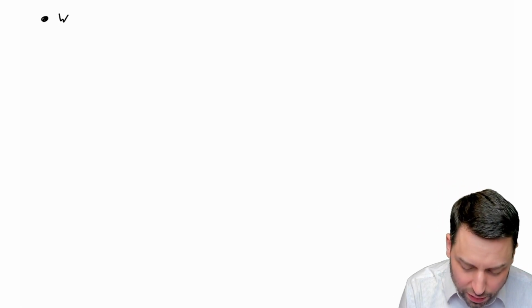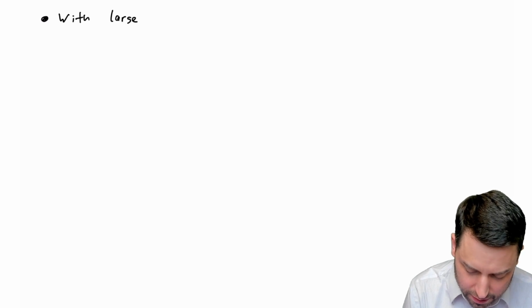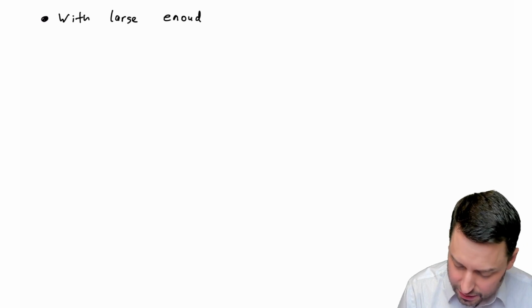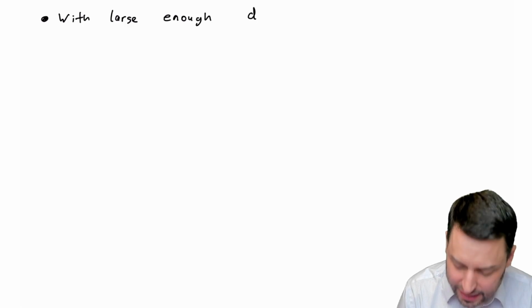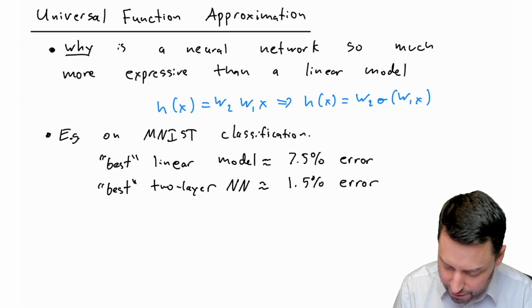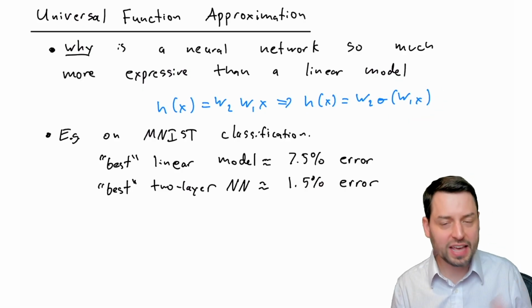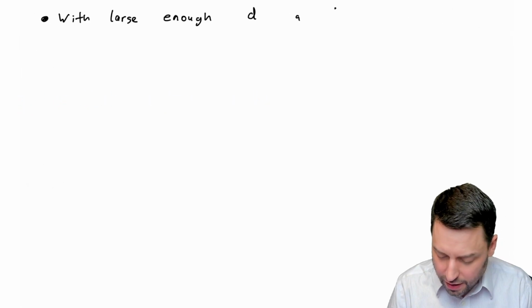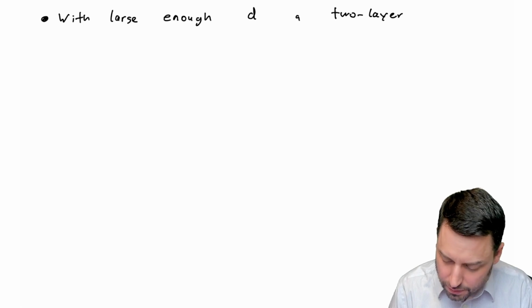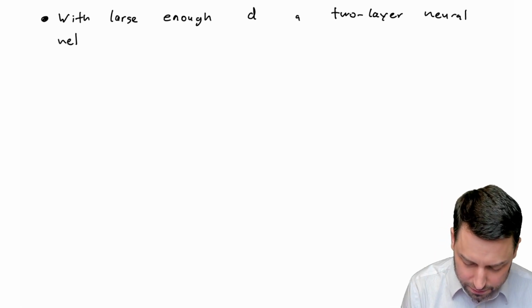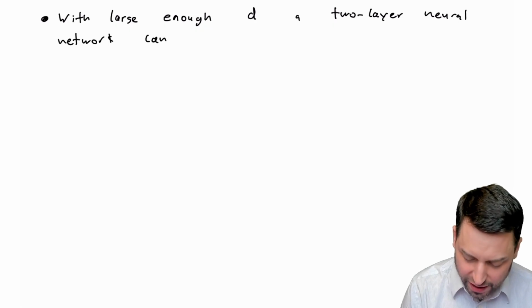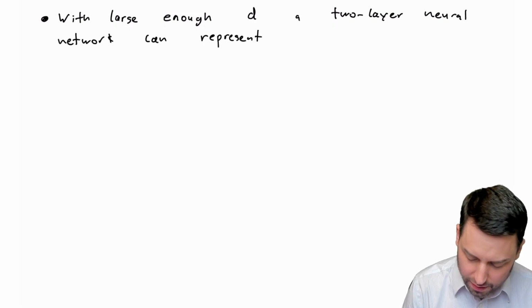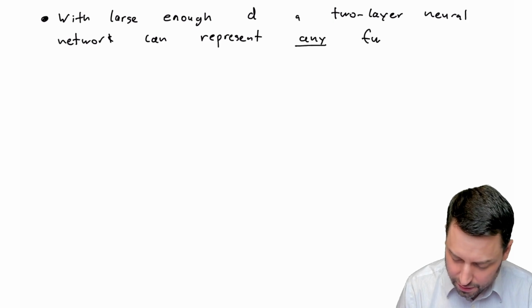And it essentially says, again very informally, that with large enough d, where d here is the dimension of this thing, called the hidden dimension or inner dimension of the neural network, a two-layer neural network can represent any function over a bounded region.